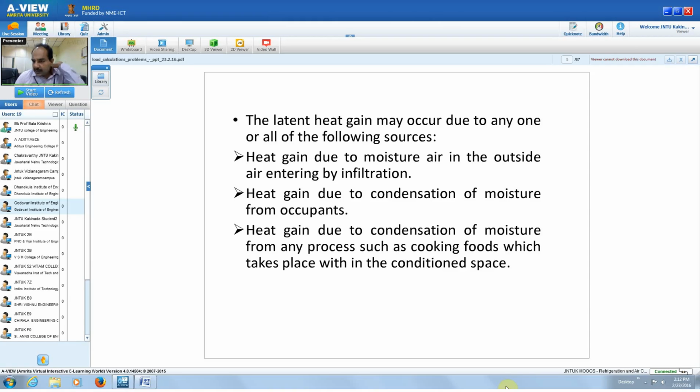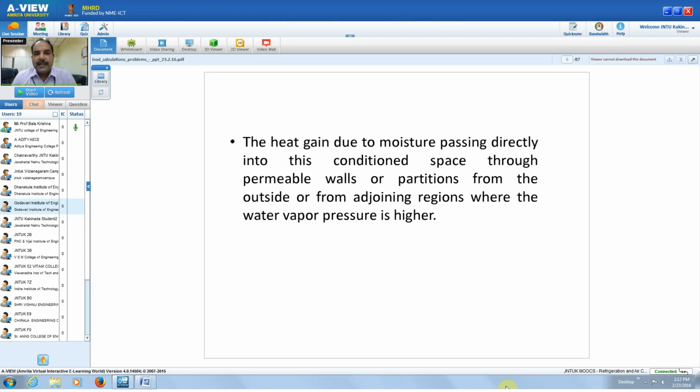That means, suppose it is a kitchen room, moisture from any process can be considered. Also, there is heat gain due to moisture passing directly into the conditioned space through permeable walls or partitions from the outside or from adjoining regions where the water vapor pressure is high. That means through the walls or partitions, heat may be transferred into the room.